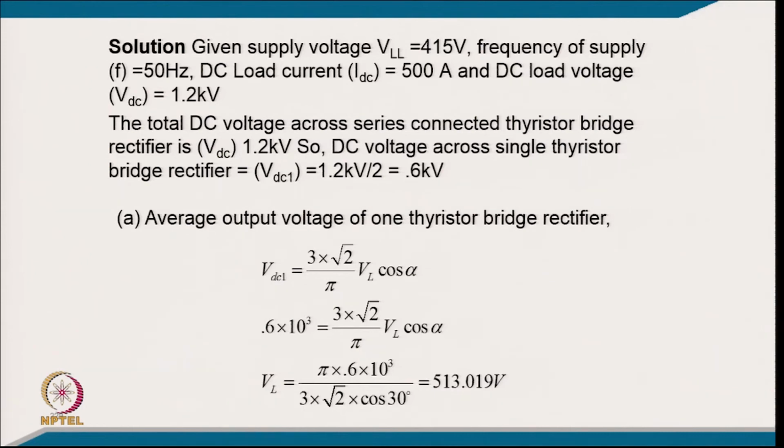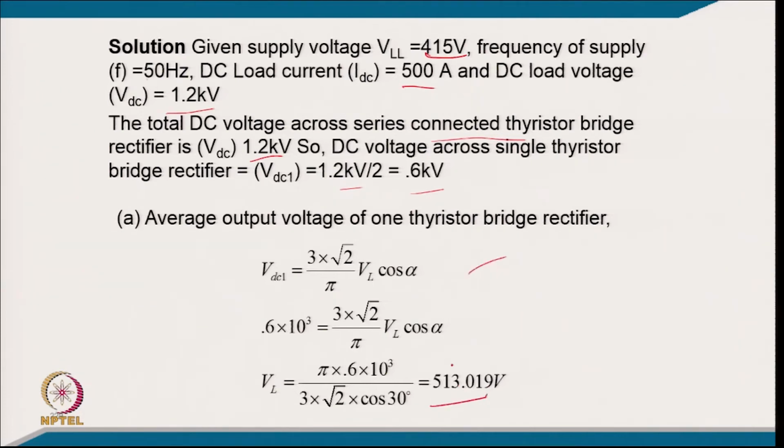And coming to the numerical part, the given supply voltage of the primary is 415 volt at a frequency of 50 hertz, and we require a load current of 500 ampere and a load voltage of 1.2 kilovolt. So, you certainly need a step up transformer in that case. You can just see, because both are connected in series, to get the 1.2 kilovolt each converter should give you around 0.6 kilovolt, 600 volt, and you can find out typically from the relation how much secondary voltage you need.